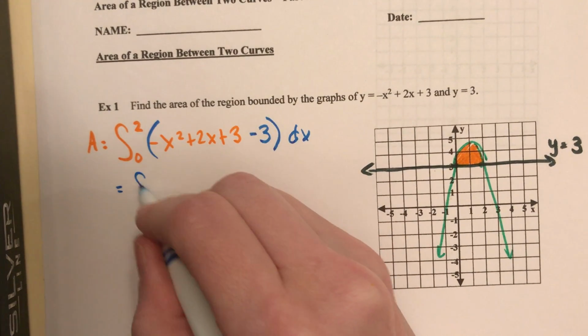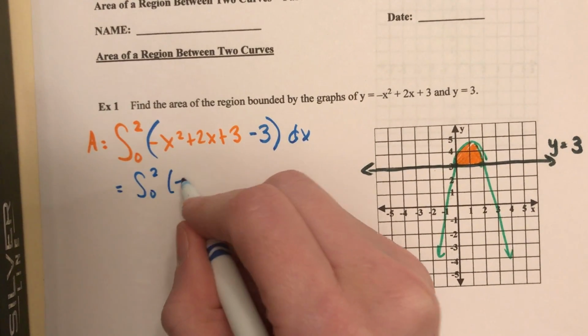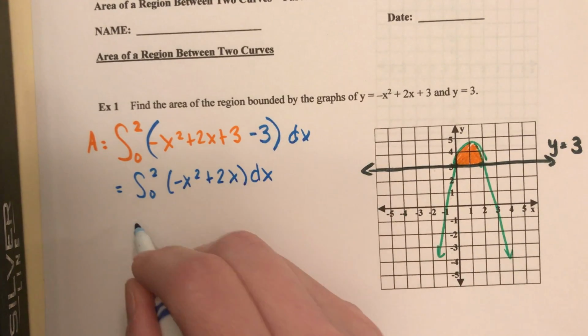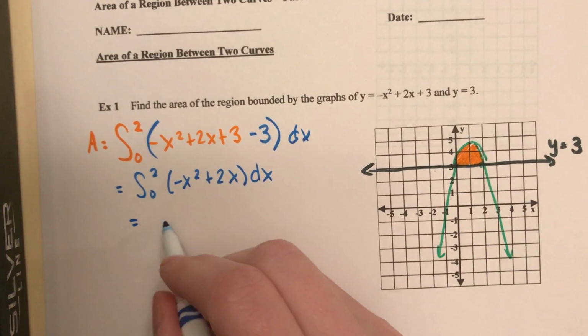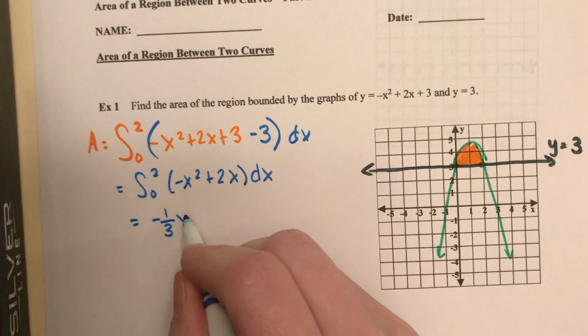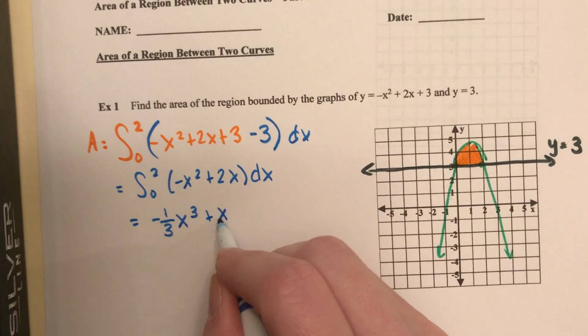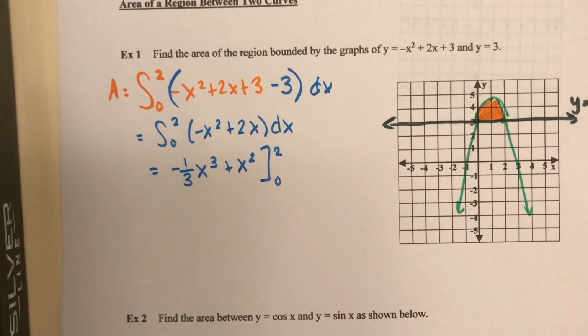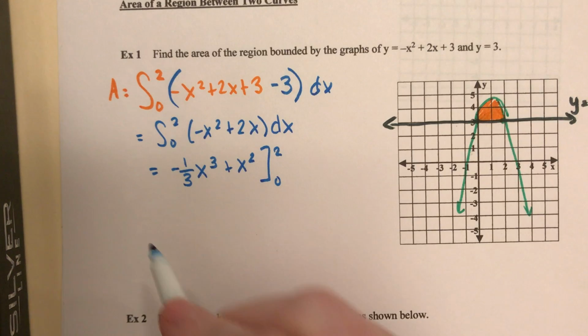Now before that, I'm going to simplify it a little bit. This is negative x squared plus 2x dx. So I'm going to add and divide. That's negative 1/3 x cubed plus x squared. And I'm going to evaluate from 0 to 2. So now I'm going to do top minus bottom again. I'm going to plug in the top number, which is 2.